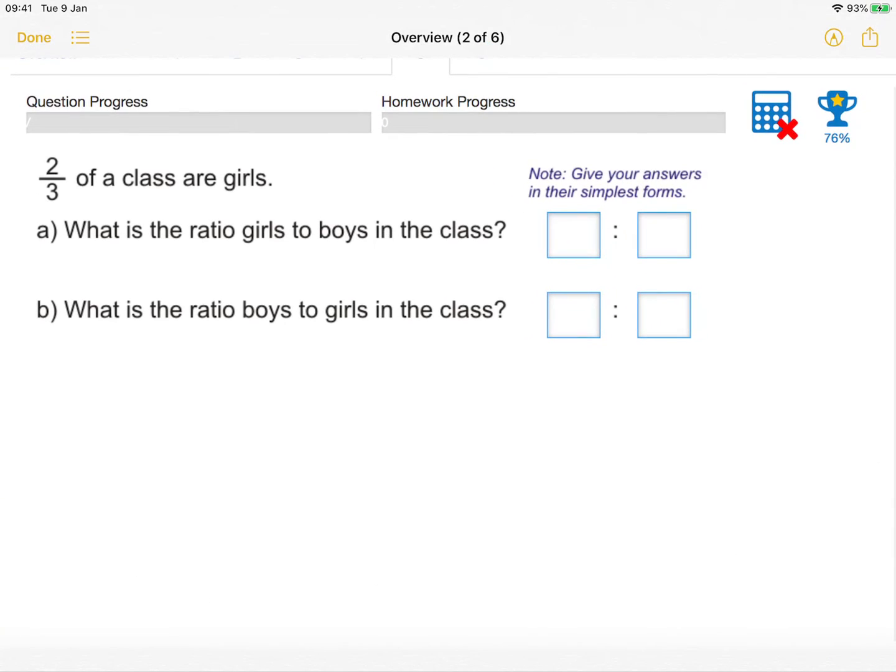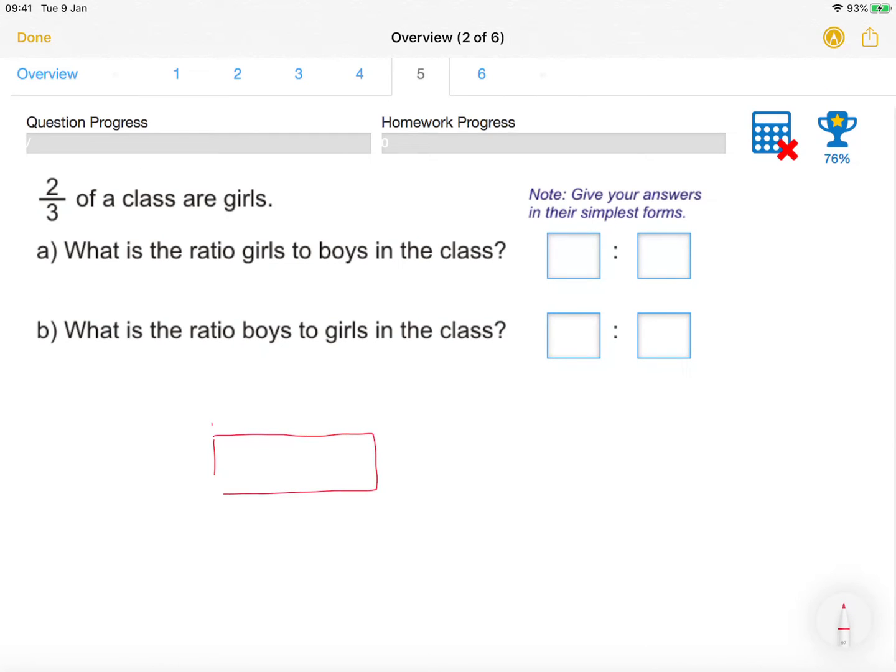Right, next question. 2/3 of a class are girls. What is the ratio girls to boys in the class? So let's draw a diagram then. So 2/3 of a class are girls. So if there's 3 people in the class, there might not be 3.